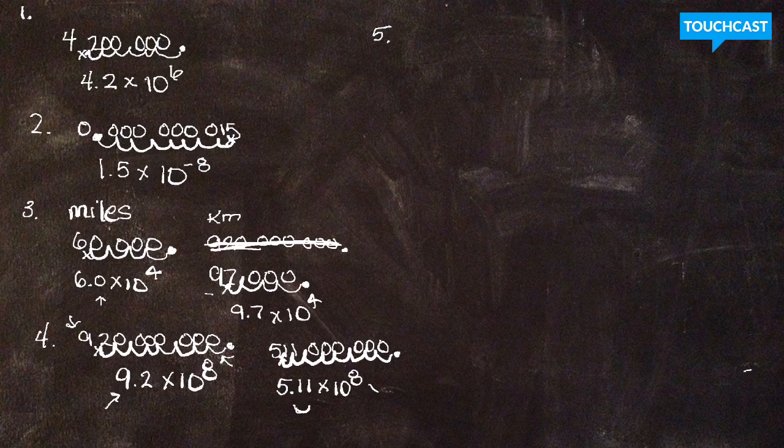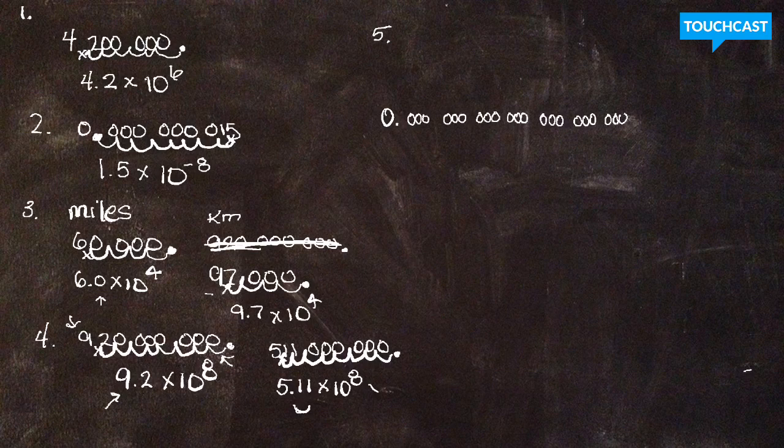So, number 5. Now this has a lot of zeros in it, so this is where grouping by 3s is going to be important. So 0.123, then groups of 3.